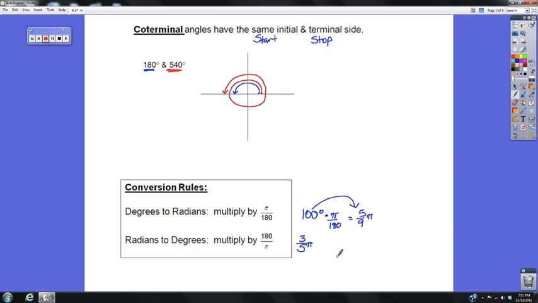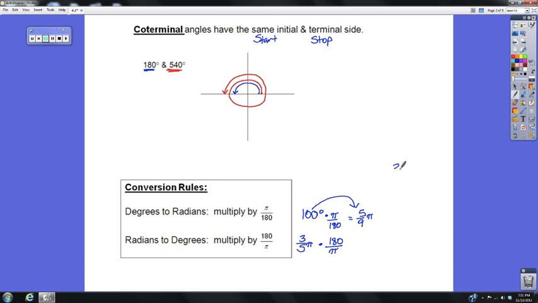Now let's go the opposite direction, radians to degrees. 3/5 pi, to convert to degrees, I multiply by 180 over pi. Well, this pi is sort of like being in the numerator.